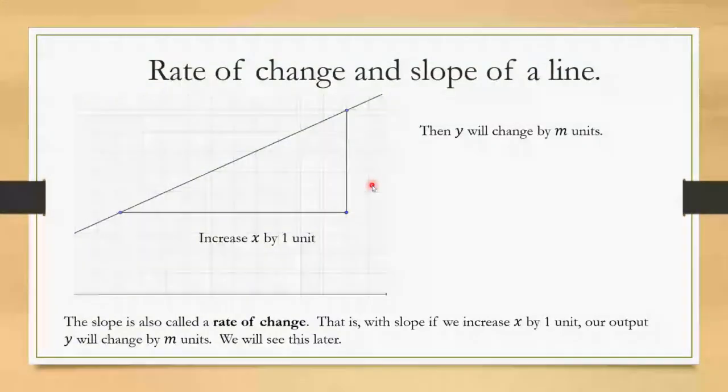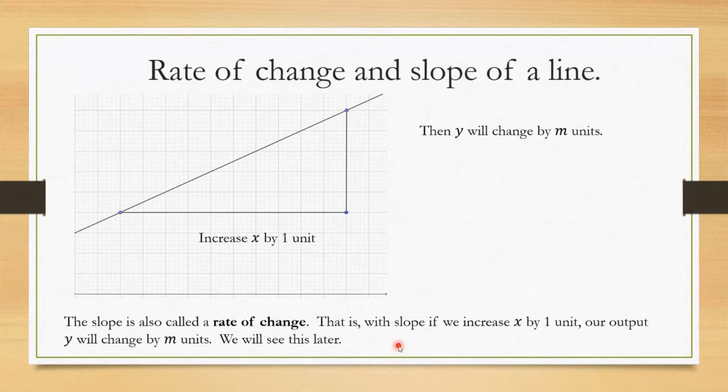All right. So basically, the slope of a line is actually called a rate of change. The idea is this, and I'm trying to illustrate with this graph. If you have a line, and let's say the slope of it is m, if you increase your x, your independent variable, by 1 unit, then the y variable, the dependent one, is going to increase or decrease.